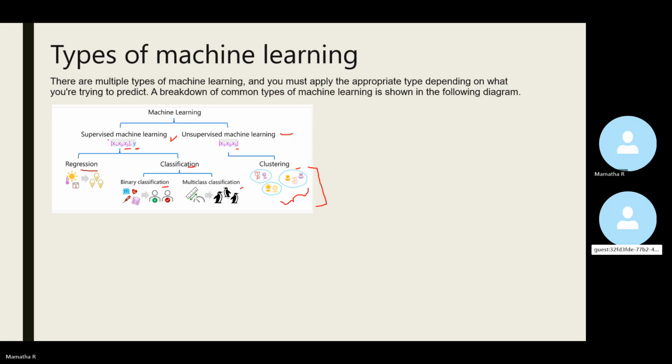When we do regression and classification, we are going to predict based on various parameters. Right now we took the ice cream sale. We can take multiple input parameters and then predict the sale of the ice cream.